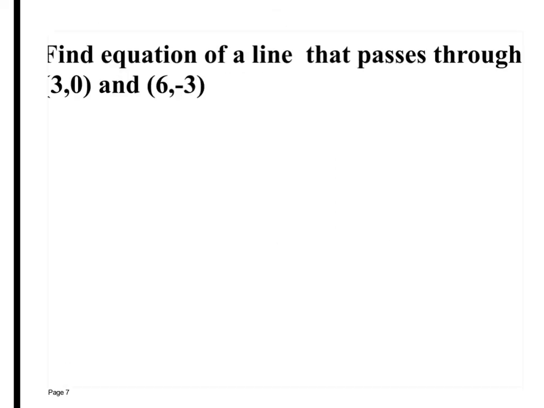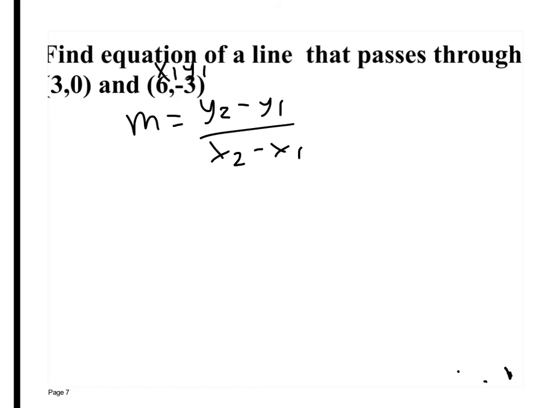So find the equation of a line that passes through 3, 0 and 6, negative 3. So my first step is to find M, which is Y2 minus Y1 over X2 minus X1. You decide what you want. I'm going to do X1, Y1 and X2, Y2. So that would give me 0 minus negative 3 over 3 minus 6.